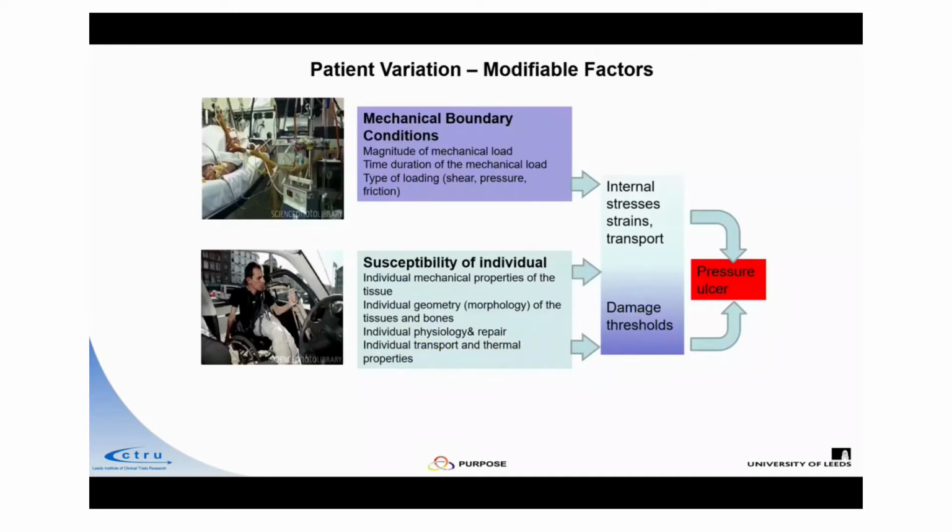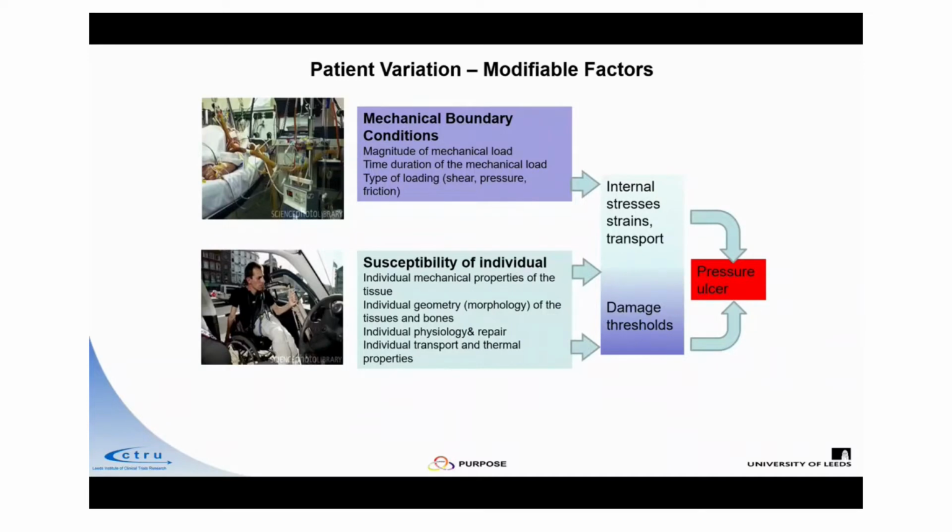And then that was linked back to what the engineers talk about, which is biomechanical or mechanical boundary conditions. So the magnitude of the load, the duration of the load, and the type of load, and the susceptibility of the individuals. So properties of the skin, geometry of the tissues and bones, and so forth.